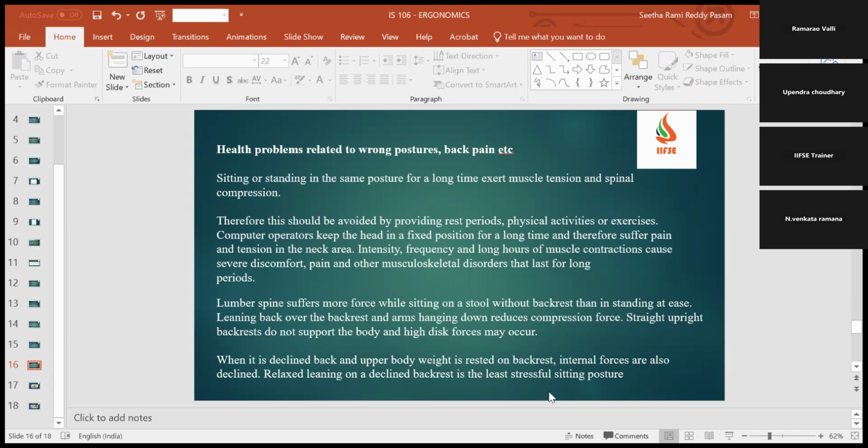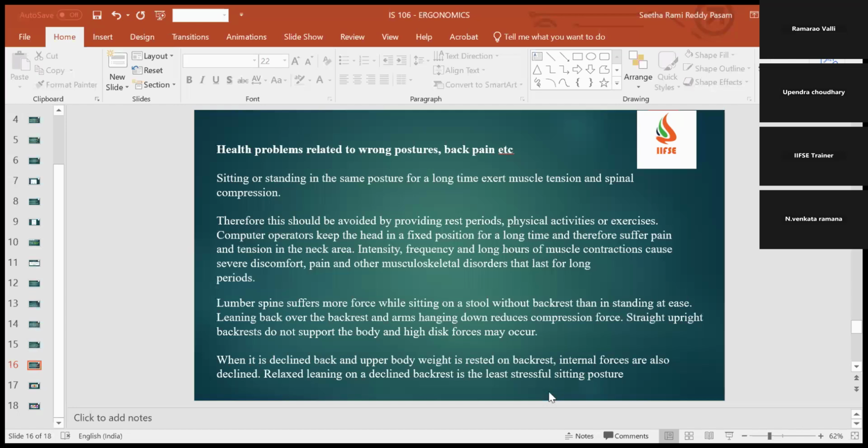If you sit on such stools for longer durations, you will get such pains. Leaning back over the backrest and arms hanging down reduce the compression force. A straight upright backrest does not support the body, and high disc forces may occur.